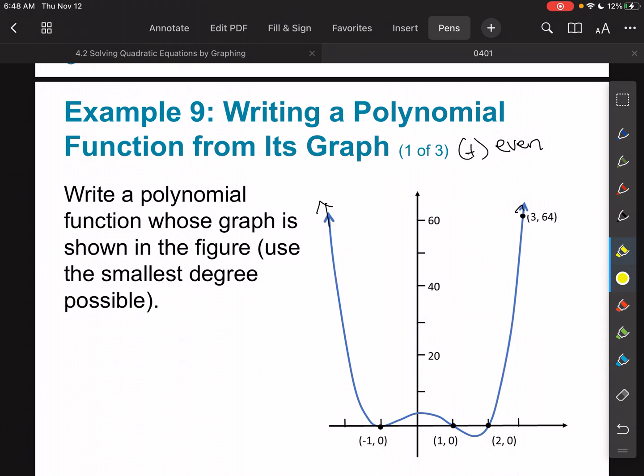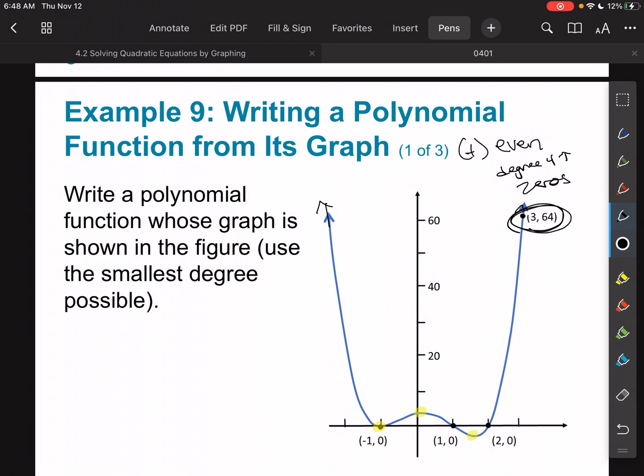From my turning points, there are 3 turning points, so this is going to be at least degree 4 or more. Again, I got that from my last lesson. I don't know my y-intercept, but I know my zeros, and I know that at 3 I've got to be at 64.